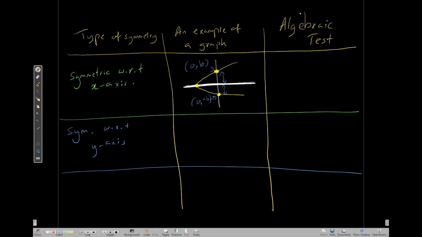Now for the algebraic test, this is the part that you need to actually remember. Replace y with negative y and see what happens.